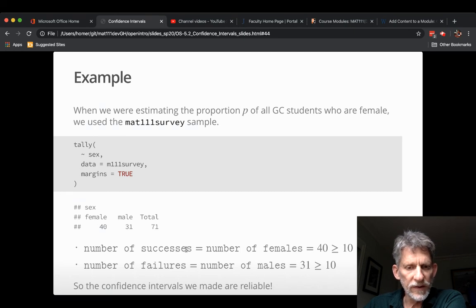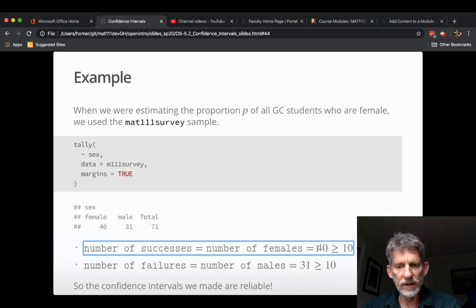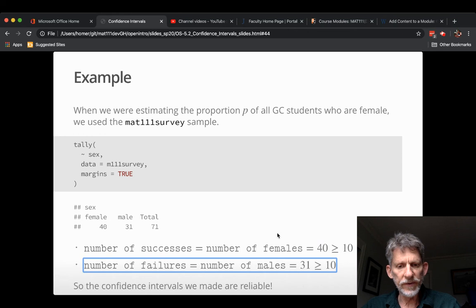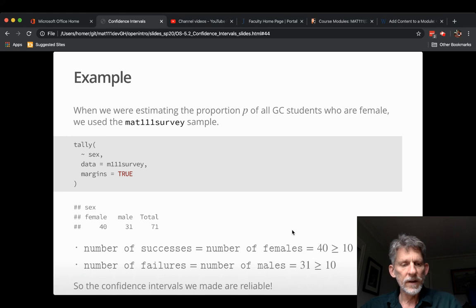So the number of successes, the number of people who say yes to the question, are you female, is 40. That's at least 10. And the number of failures, the number of people who said no, I'm not female, is 31. That's at least 10. So this confidence interval can be trusted to have approximately the level of confidence that it says that it has.